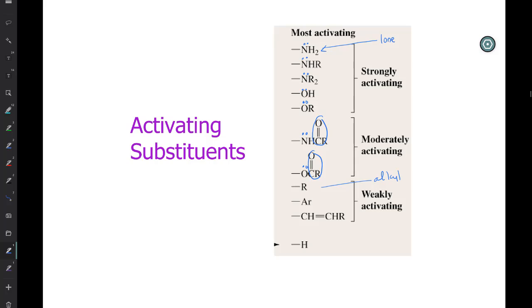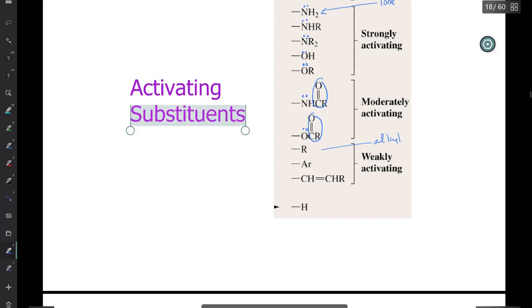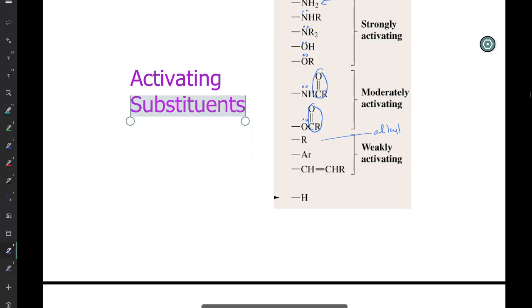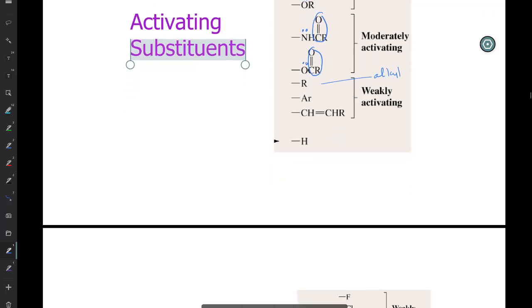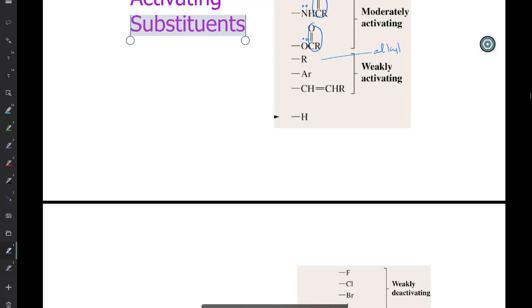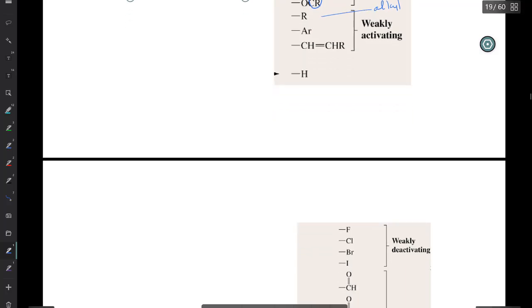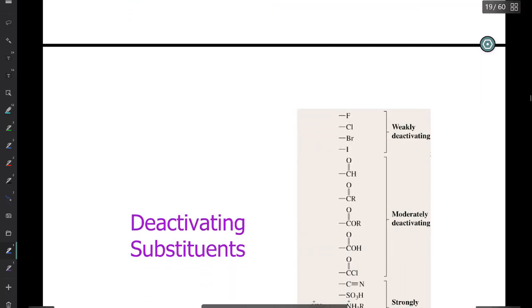So we have strongly activating lone pairs with no competition with resonance. We have moderately activating, which is a lone pair but some competition. And the most weakly activating are those things which have alkyl groups on them, or aryl groups like a benzene ring, for example, or alkenes. And primarily that's because there are fewer bonds to donate electrons through hyperconjugation.